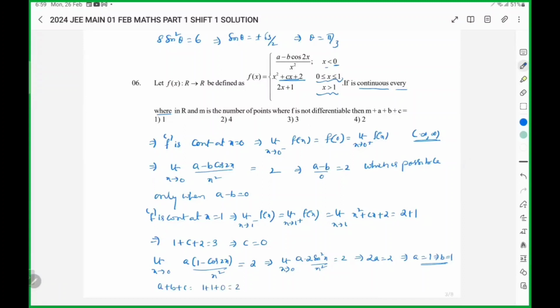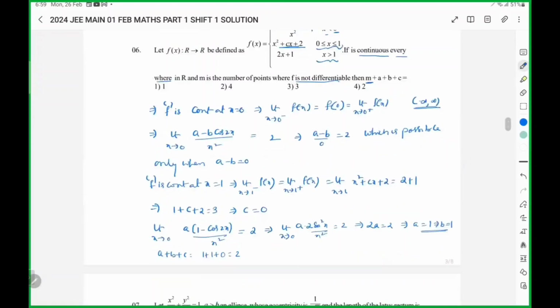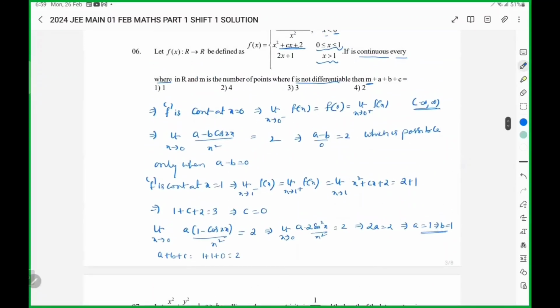So we have to check its differentiability. Where f is not differentiable, we have to check. To check differentiability, the graph seems to be not sufficient. Let us try.